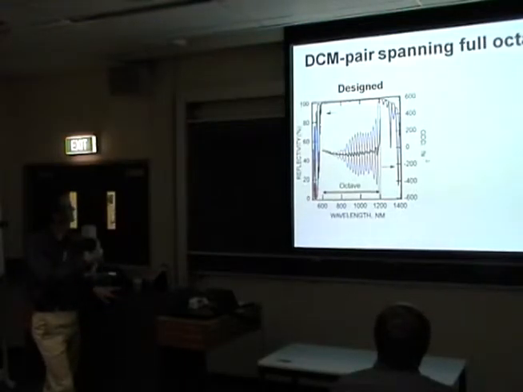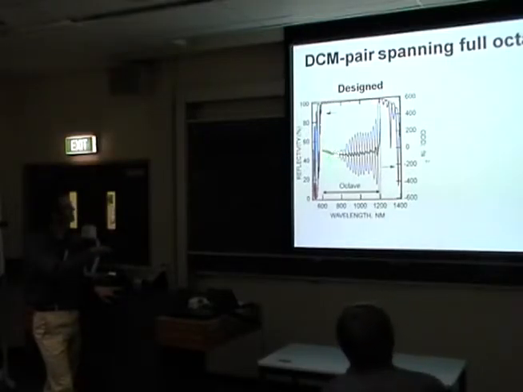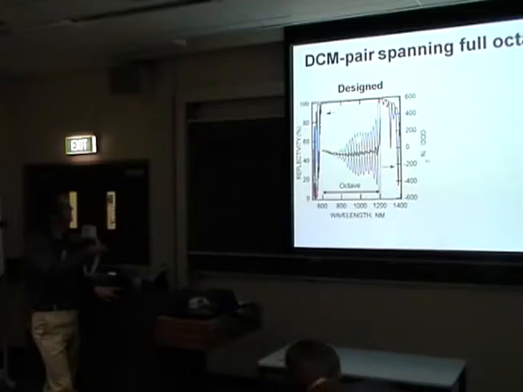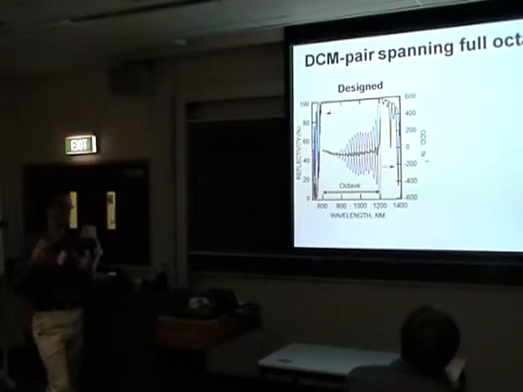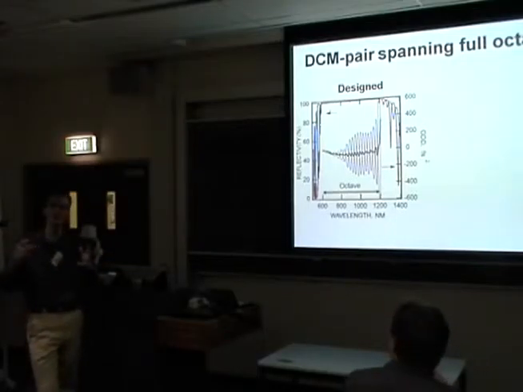And here is the ultimate one-octave spanning mirror. It really has high reflectivity from 600 nanometers to 1200 nanometers. The oscillations of each mirror in dispersion are humongous, so the blue and red lines are these large oscillations. But if I combine two of these, I have one bounce on the blue one and one bounce on the red one.